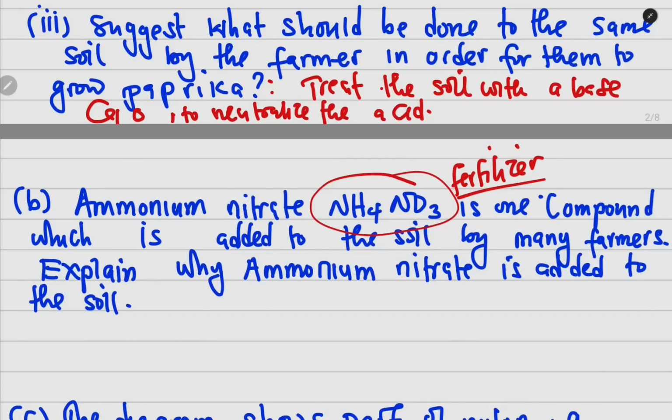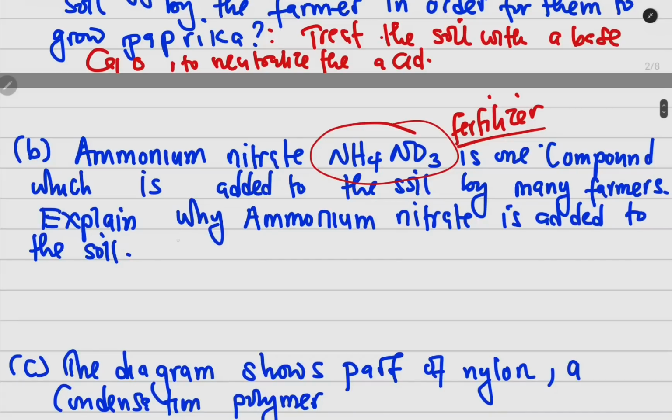Now what is the function of the fertilizer? So here we are going to say it is added to the soil to improve soil fertility. That is the reason why it is added. So to improve soil fertility, as a result, it increases what?